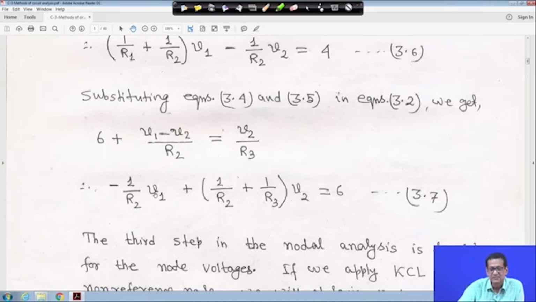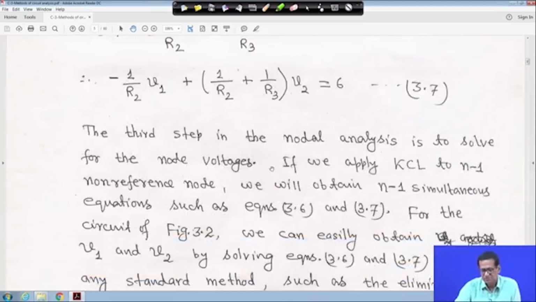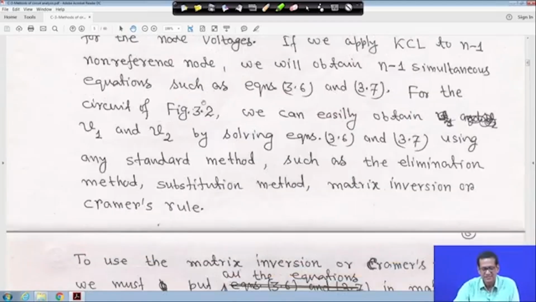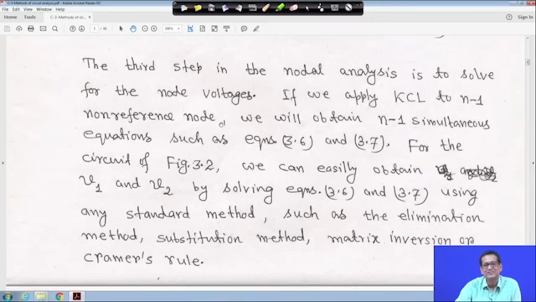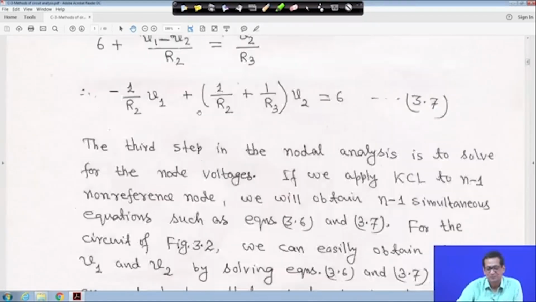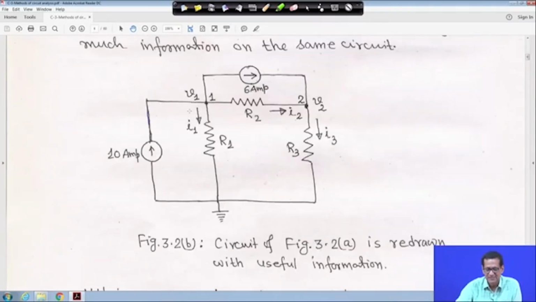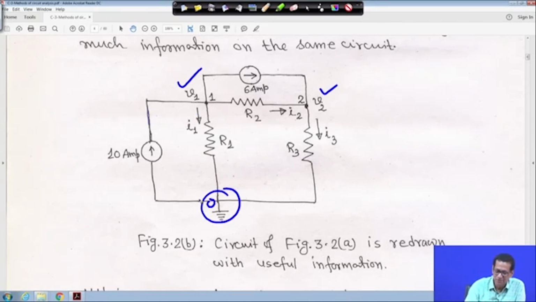But here the parameters are not given at present. Later when we take the numericals, we will take different parameters, different examples, right. These are all simple, no need to clarify again. In this circuit, you have this one node 1, this is node 2, and this is your datum node O, so V0 is equal to 0.